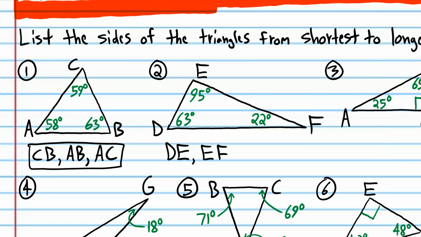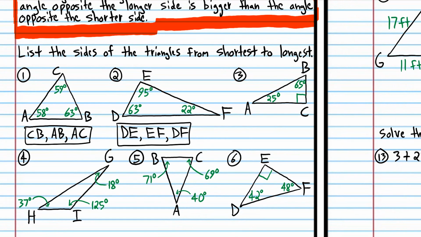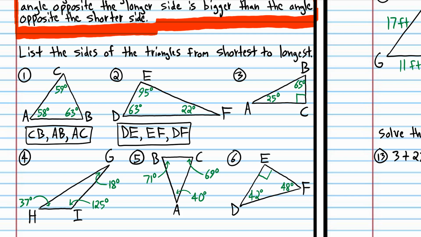That's EF. And then the biggest side is opposite 95 degrees, which is DF. So there you go. DE is the smallest side, EF is the next biggest, and DF is the largest side.